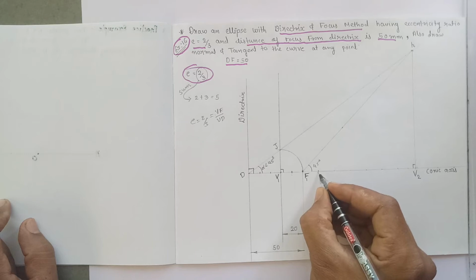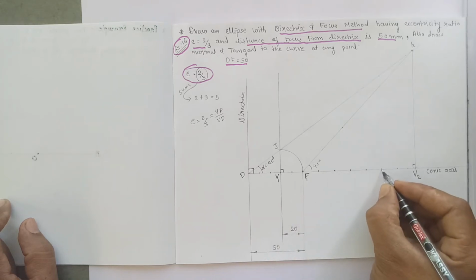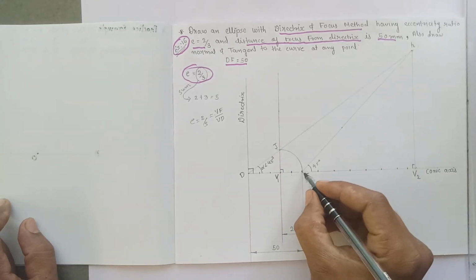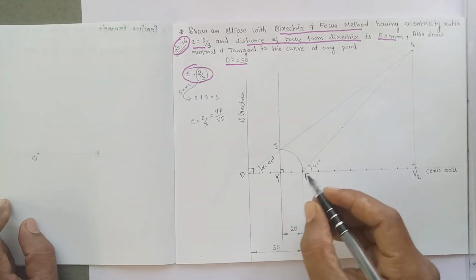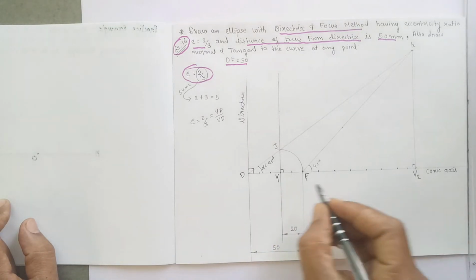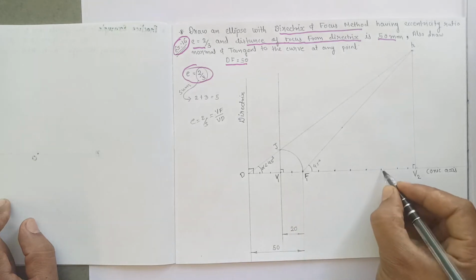And one important thing is take one point on the focus point. So divide this distance V1 to V2 or make divisions in between V1 to V2.